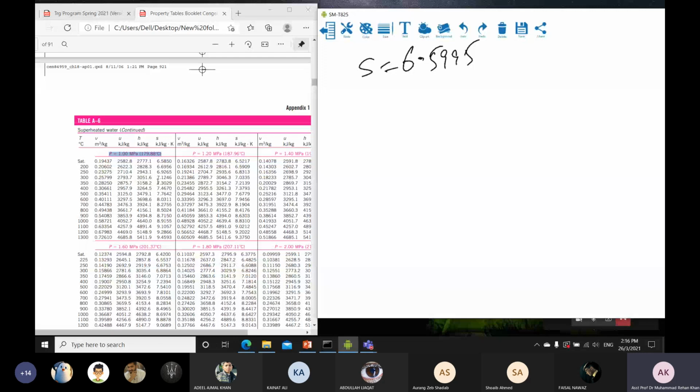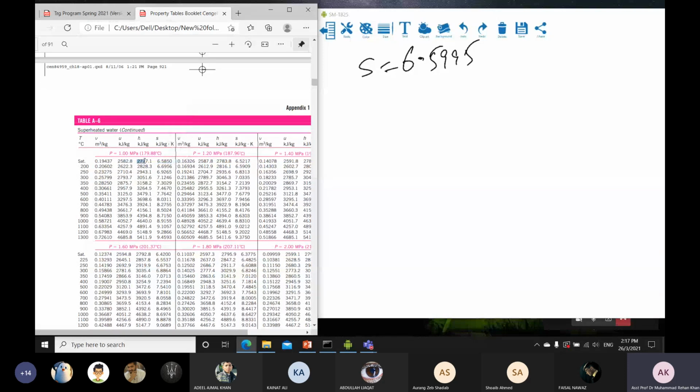Now we have to judge where this 6.5995 lies on this P equal to 1 megapascal superheated table. If we notice, 6.6956 and 6.5850, it means that our value 6.5995 lies between this value and this value. So these are our 2 points where we start the interpolation.